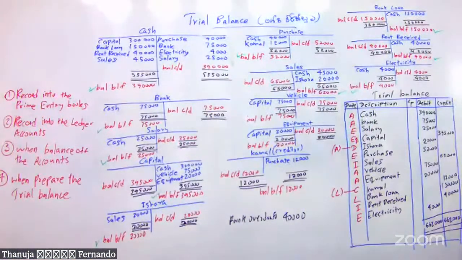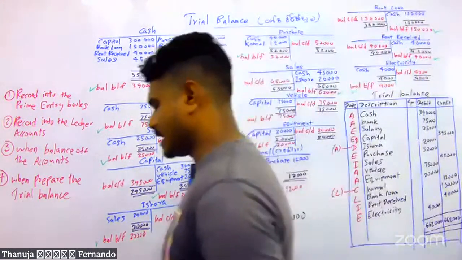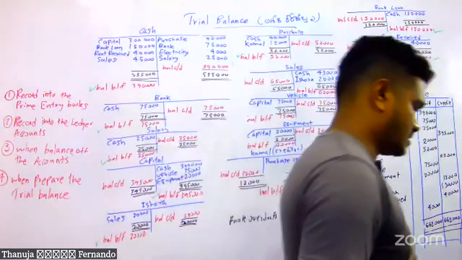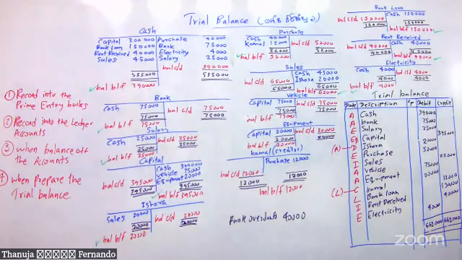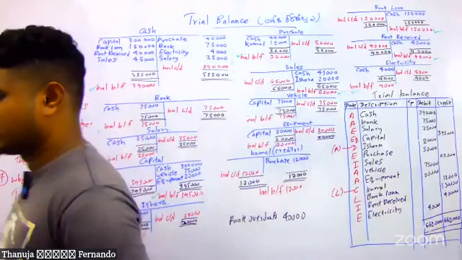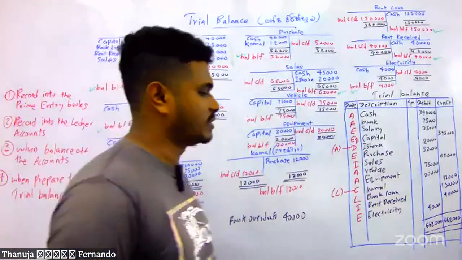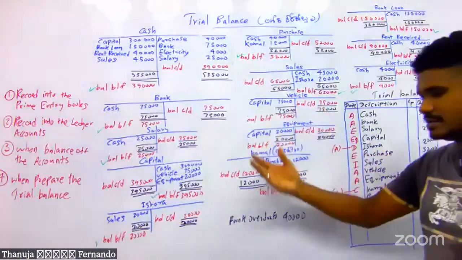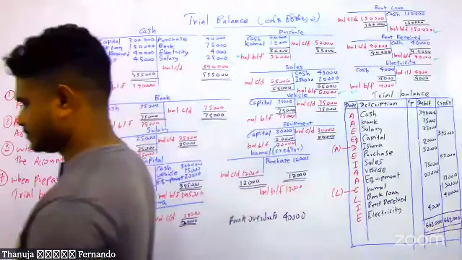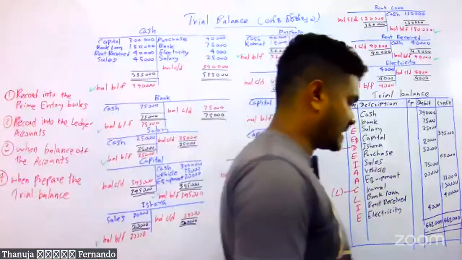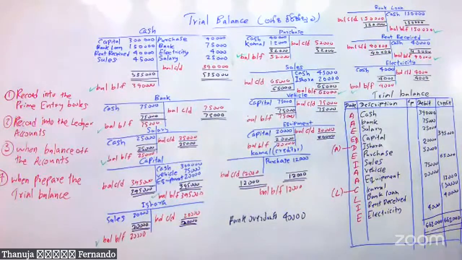Right. So today we learned how to prepare a trial balance, what a trial balance is, and what the importance of the trial balance is. Now we are learning about correction of errors, accounting errors. Using the same path we can learn, because all the accounting parts are connected.